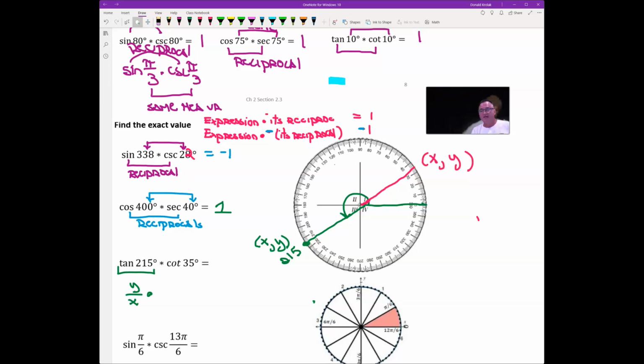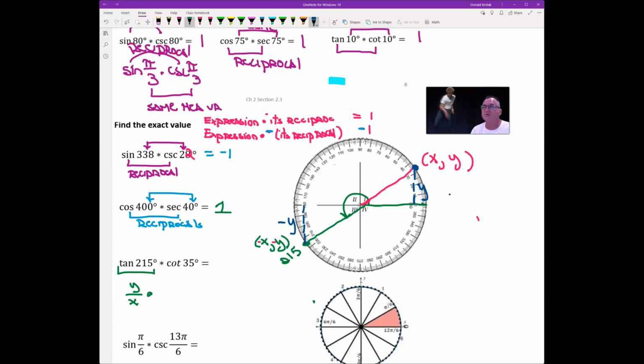Now the thing is, these are going to be the same, except these are going to be negatives because they're in the third quadrant, and these are going to be positives. But their distances, their lengths are the same. So if this was the end point, how far it is right there, that y value is going to be the same as this y coordinate, except this one's going to be negative and that one's going to be positive.